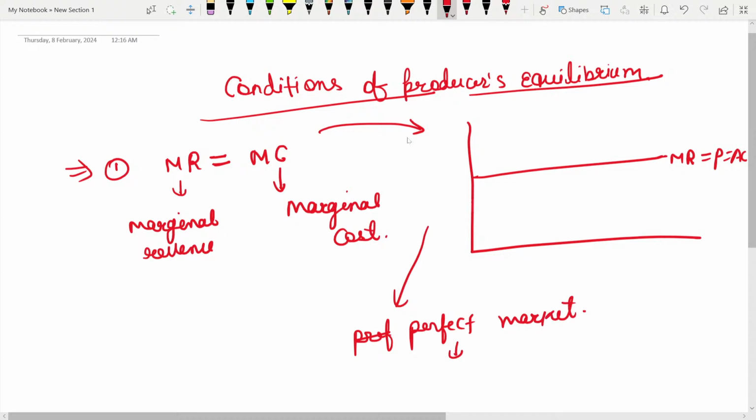Therefore, we can say that MR is equal to P is equal to AR.